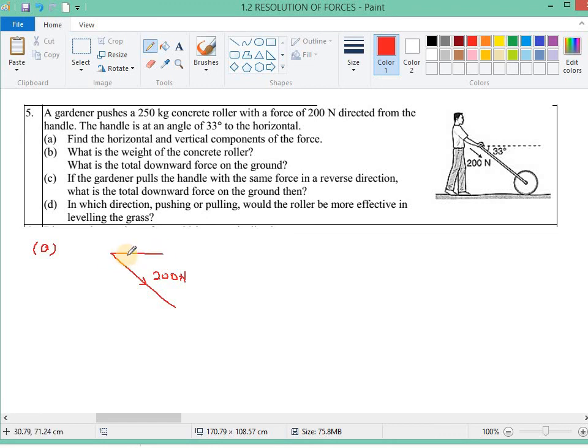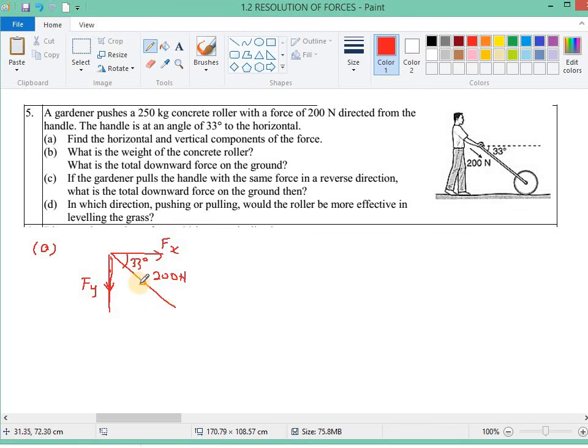This is the direction, 33 degree. So the horizontal component will be in this direction. This is the horizontal Fx, and this will be the vertical component Fy. Fy is downward. The horizontal component is to the right, because this force is in this direction, to the right and down.